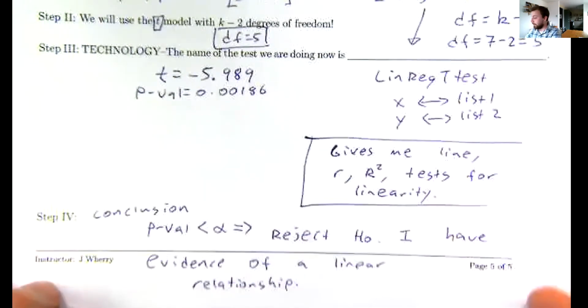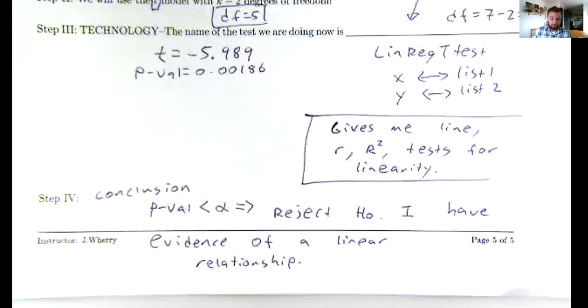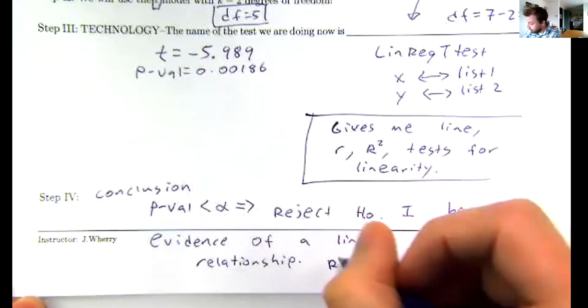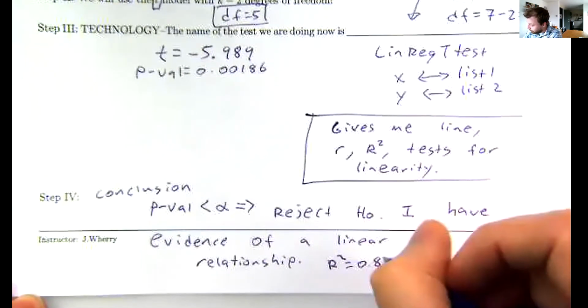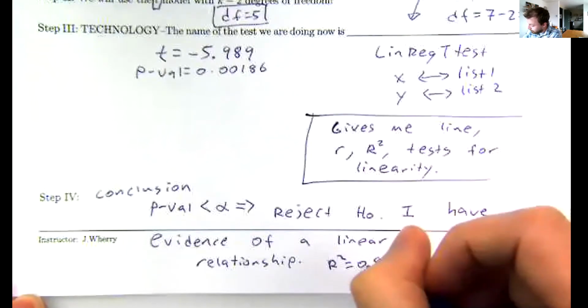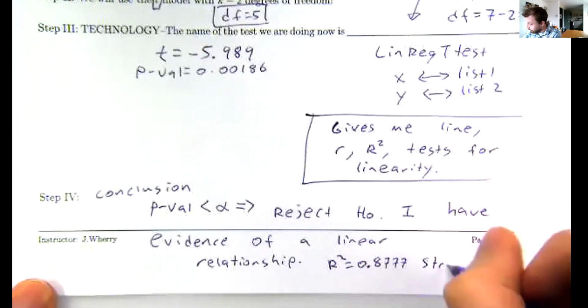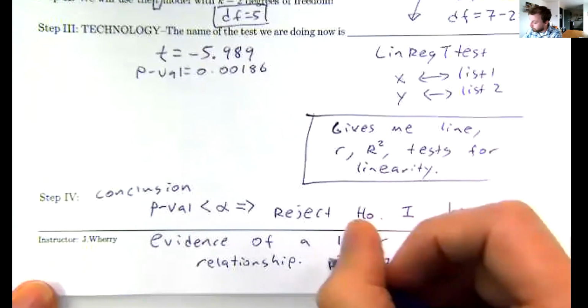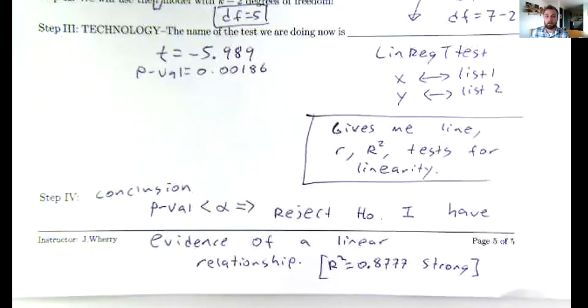And not only do I have evidence of a linear relationship, with my r squared coming in at 87.77%, I have evidence of a strong linear relationship. So since my r squared is so large, not only do I have evidence of a line, I have evidence of a strong relationship for that line. I'll be making reasonable predictions.